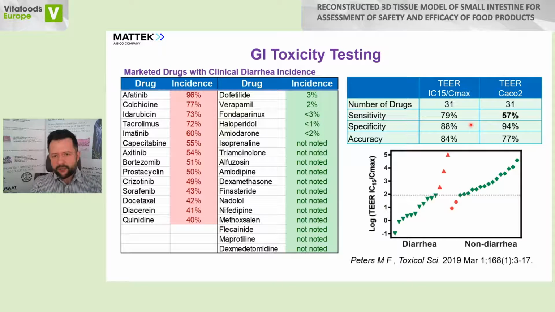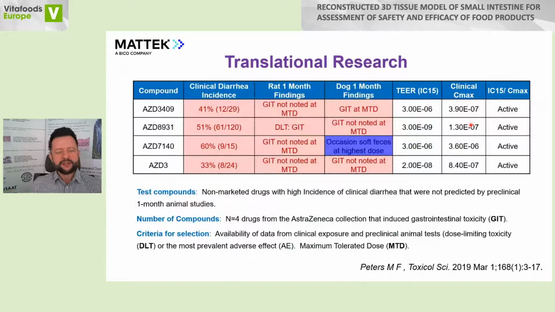And to test the predictive value of this parameter, we then tested 4 drugs that previously failed in the clinical studies, but in the preclinical settings, they seemed to be okay. There didn't seem to be any adverse effects.